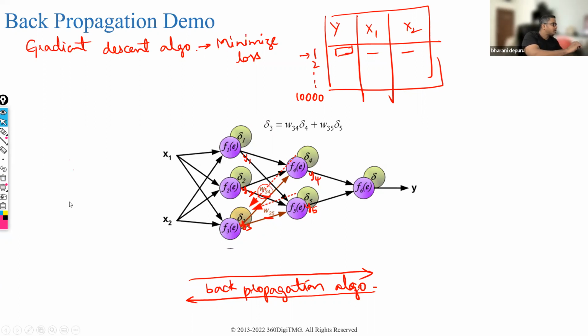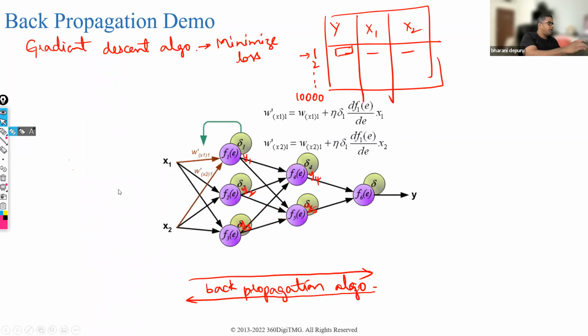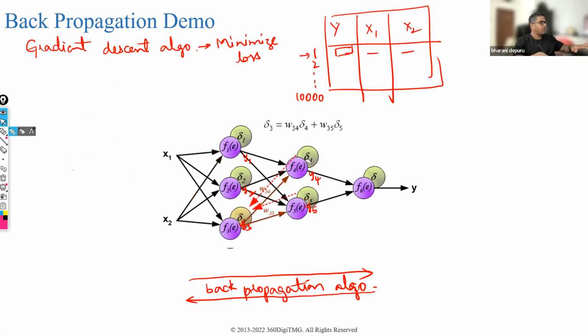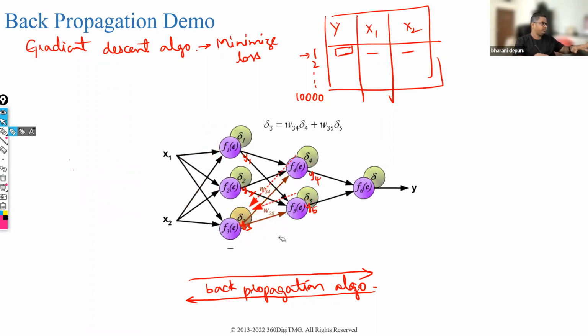So that penalty, let me select the eraser, I think it's fine. That's fine. All right, now you go back to the next guy, to this guy, and then keep updating in that way.